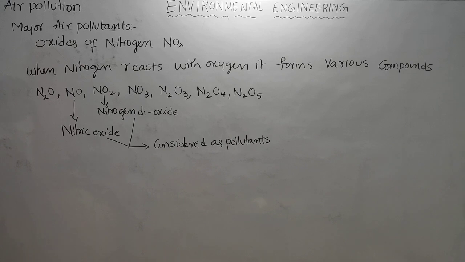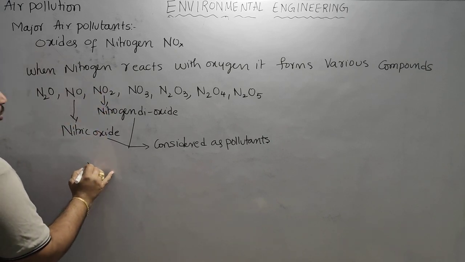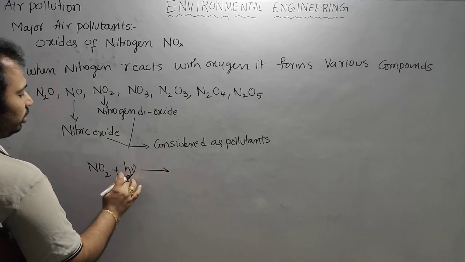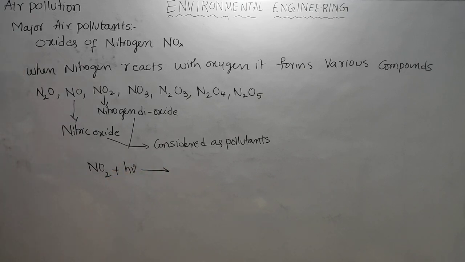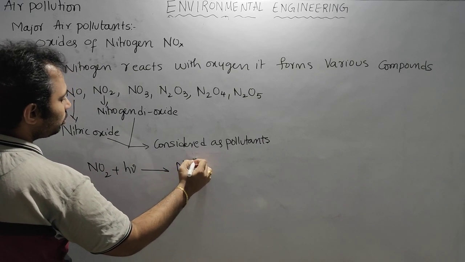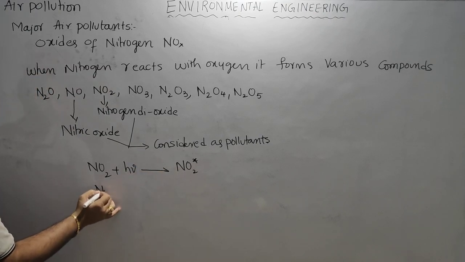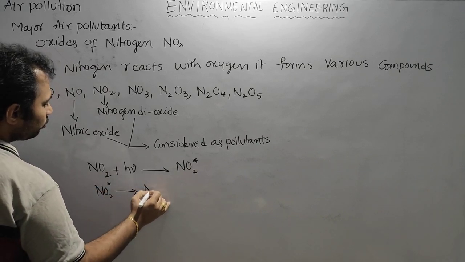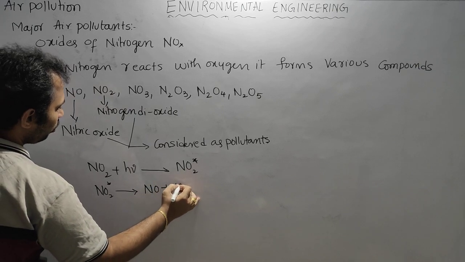For example, this NO2 takes energy from the sunlight, the photon energy, and forms energized NO2. This energized NO2 will form NO and a nascent oxygen.